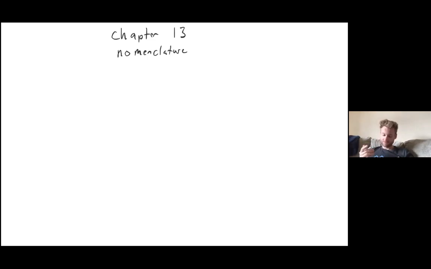So, for instance, this here, we're just going to identify the two halves of our ether. On the left side here, we would call this a propyl group. There's 3 carbons to it.